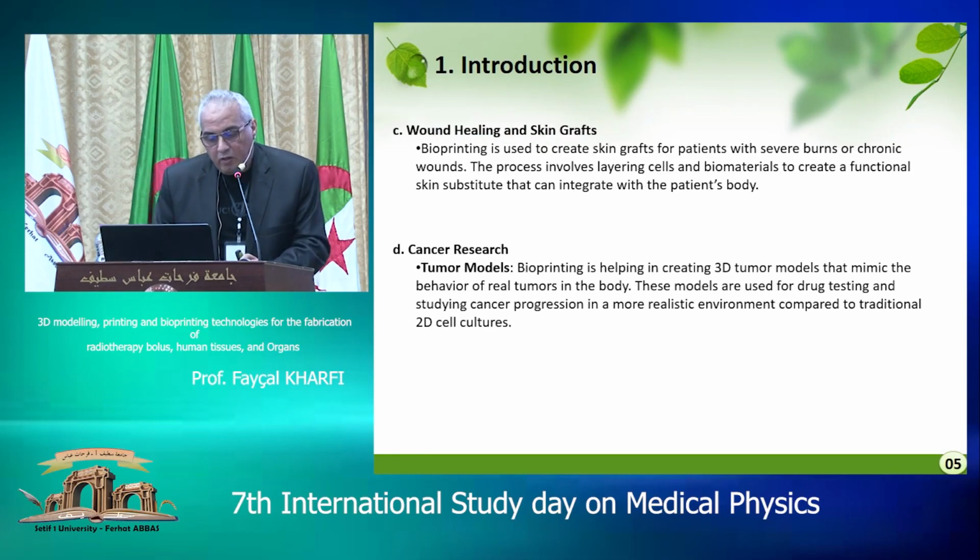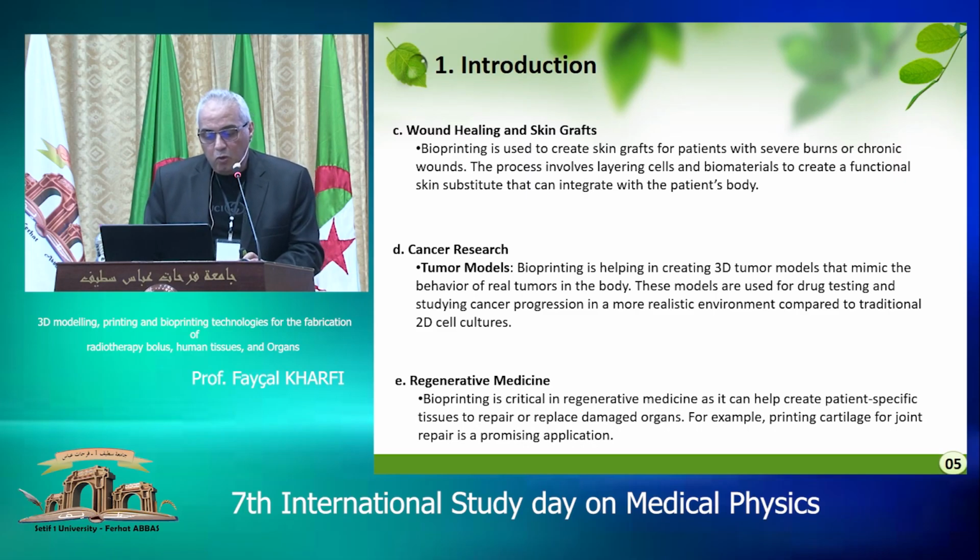There is also another application which concerns wound healing and skin grafts. Bioprinting here is used to create skin grafts for patients with severe burns or chronic wounds. The process involves layering cells and biomaterial to create a functional skin substitute that can integrate with the patient's body. There is also some application in cancer research.